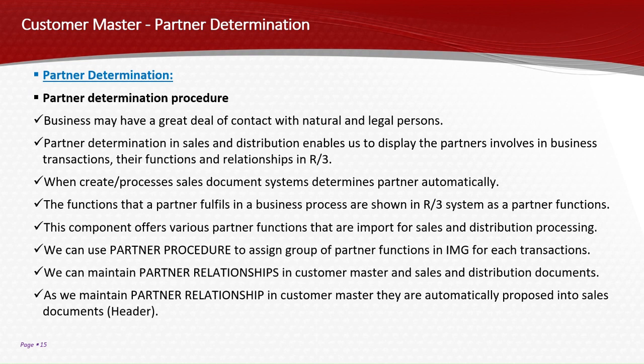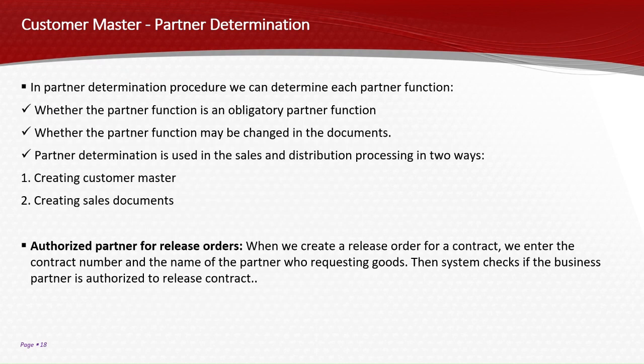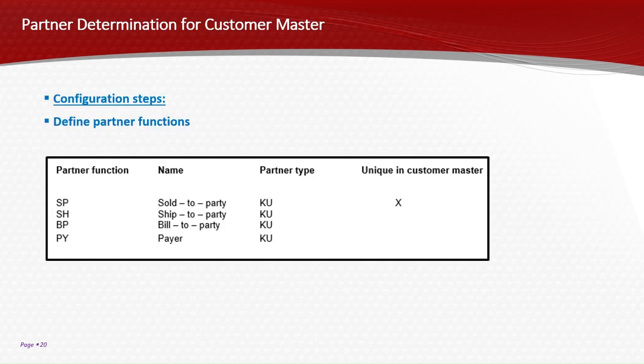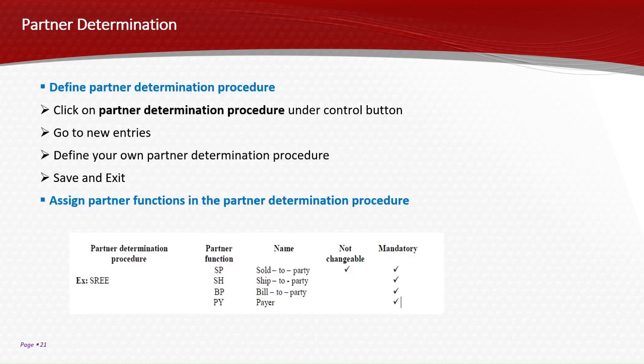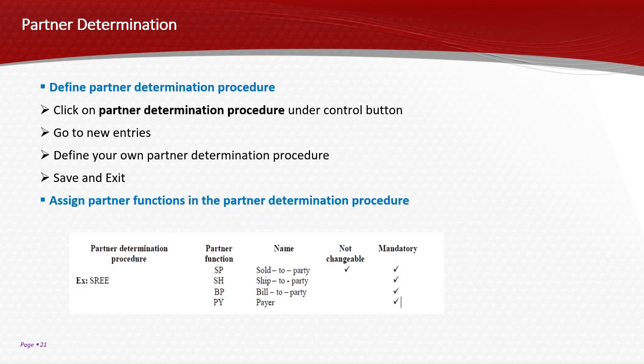So this is the partner determination part, which I will show you in the configuration video. Okay, so this is the overview. While determining the partner function, first you need to define the partner function, then you need to define the partner determination procedure.